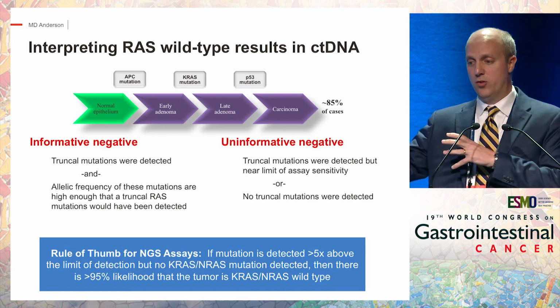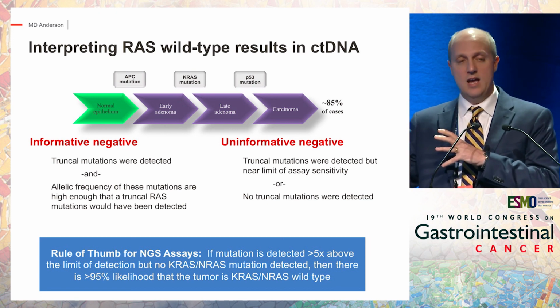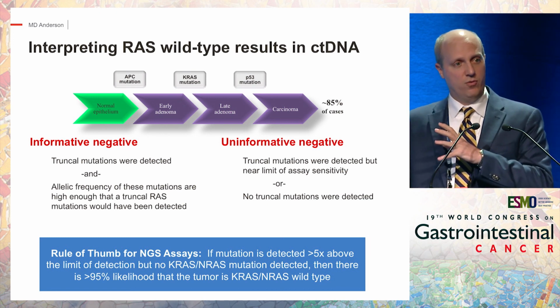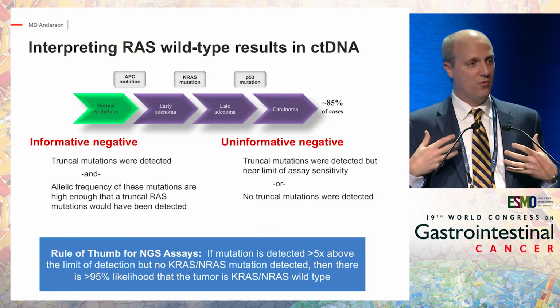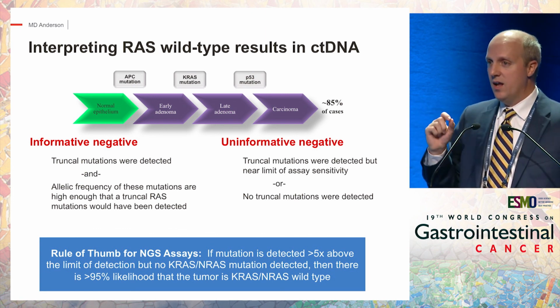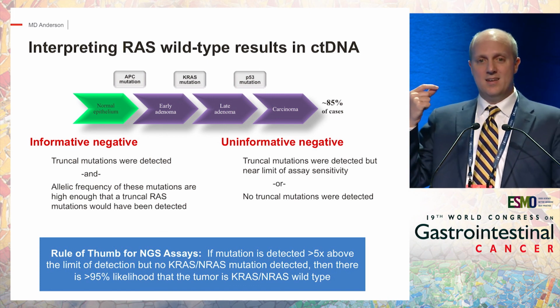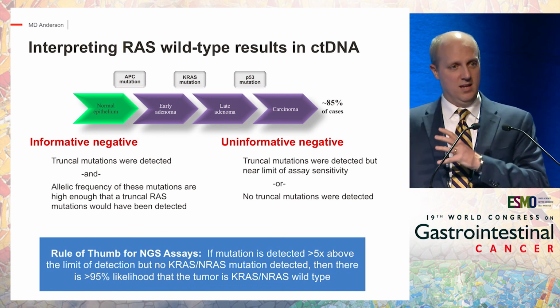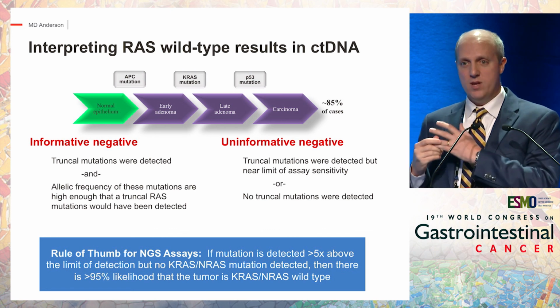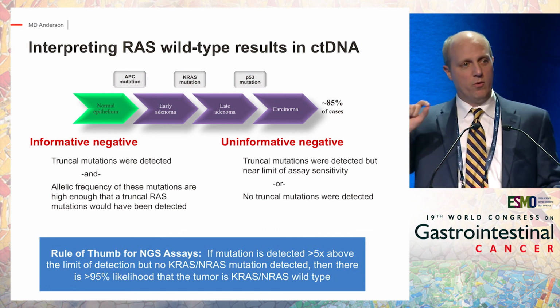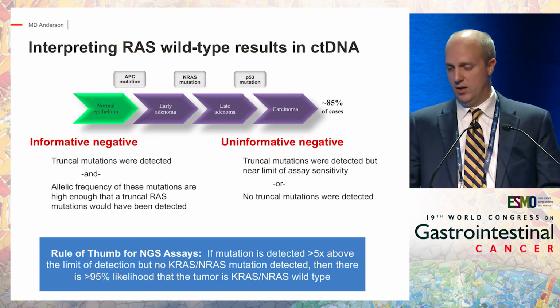I found some other truncal mutations, and these were present at a high enough rate, but I didn't identify any RAS mutations. An uninformative negative is really the inverse: either I didn't detect anything, there's no APC or P53 mutations, or they were right down at the limit of detection.